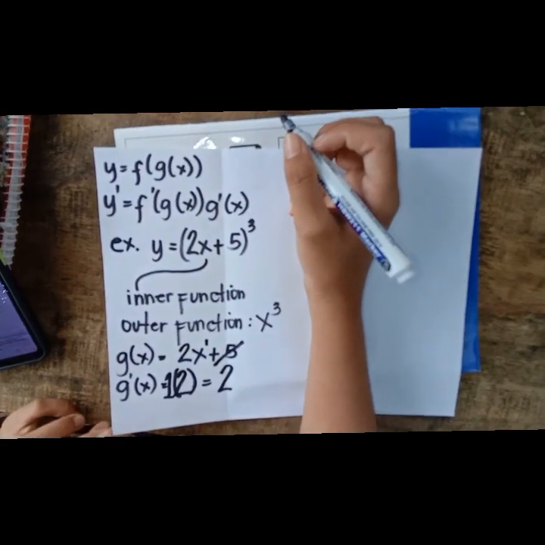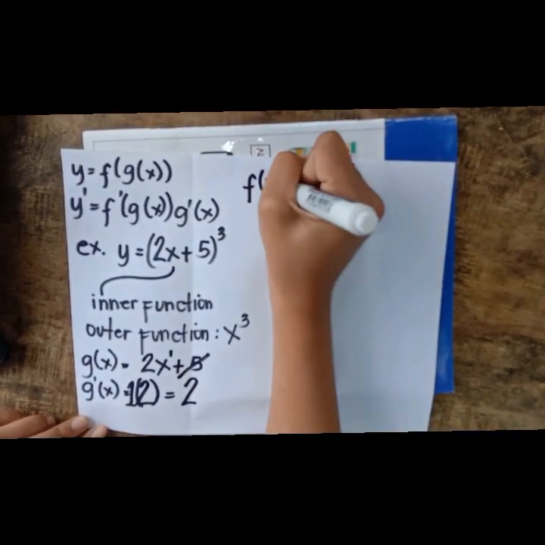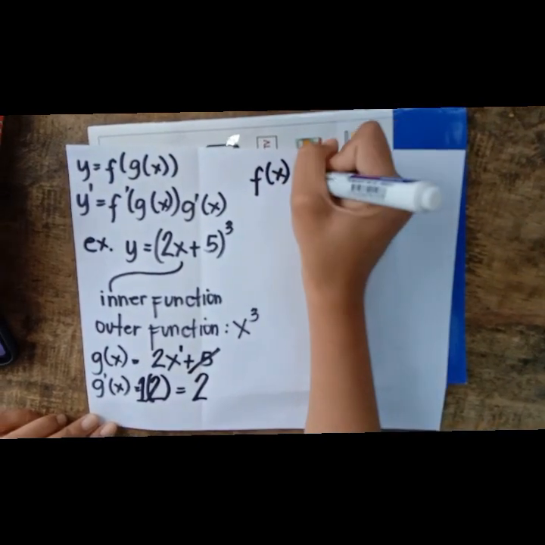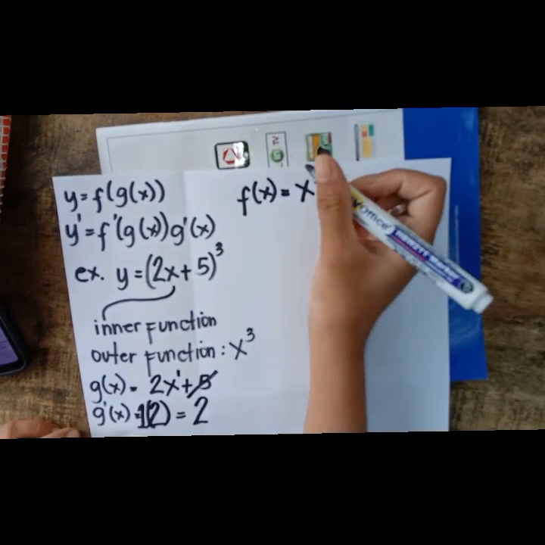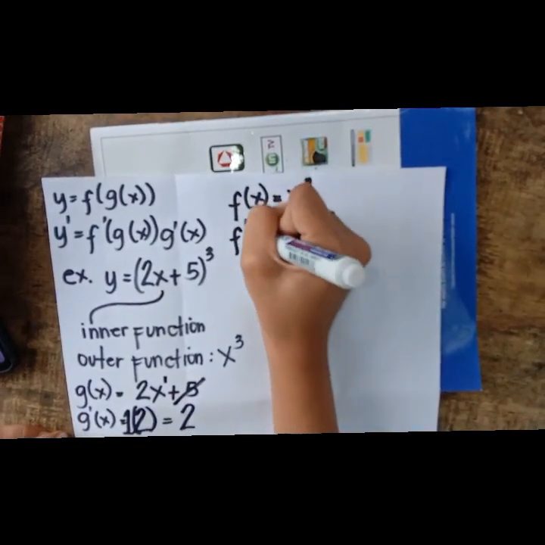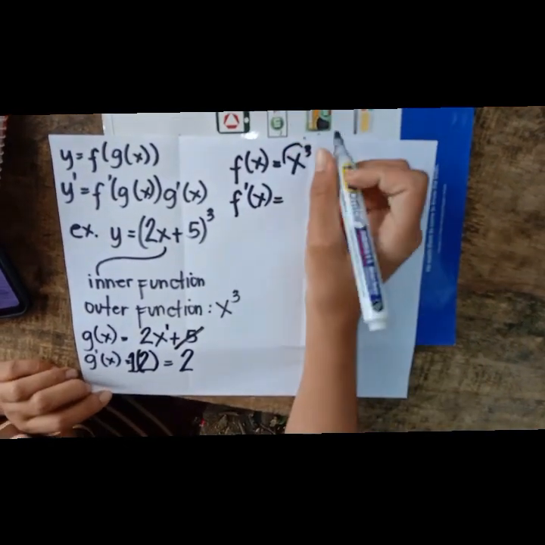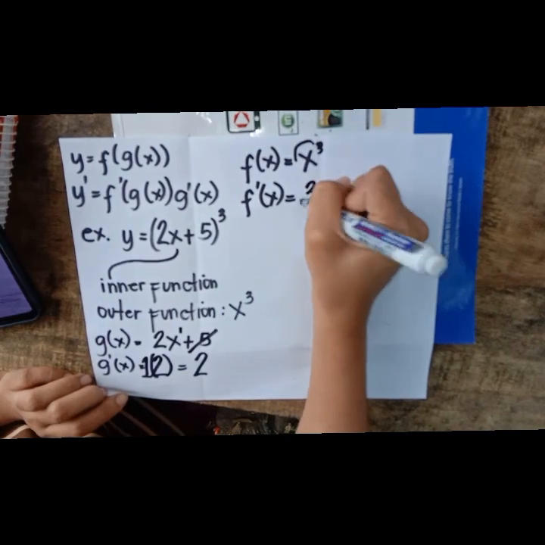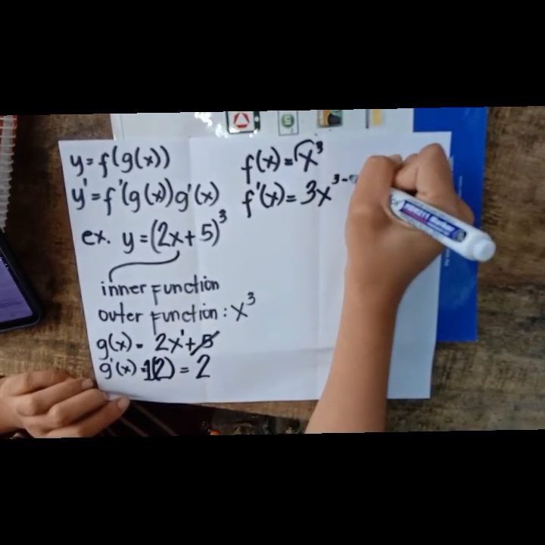Then, let us define the derivative of the f of x, which is x cubed. The derivative of x cubed will be f prime of x is equal to, move the exponent in front, 3x, then the exponent less 1.